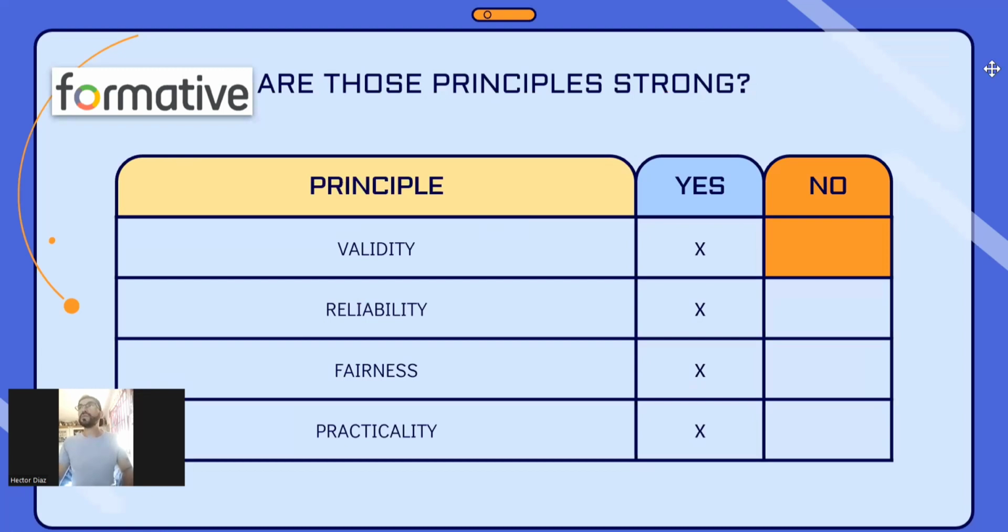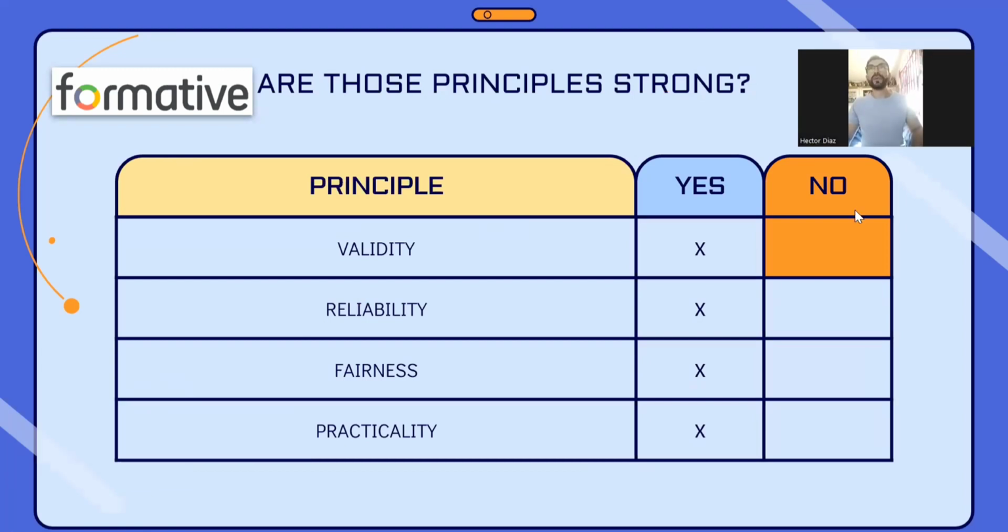So what principles are strong enough in Formative? In terms of validity, well, the items are super familiar for students, so face validity is covered. In terms of reliability, there are several items that teachers and students can use in their test, which makes the test highly reliable.